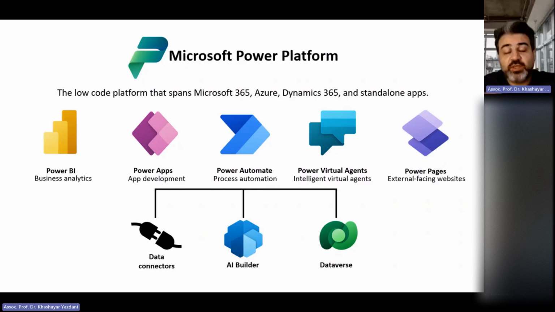Each has a different category of software inside, but one of the main categories is the Power Platform. Power Platform includes Power BI, Power Apps, Power Automate, Power Virtual Agents, and Power Pages. These are the five main applications under the Power Platform category.